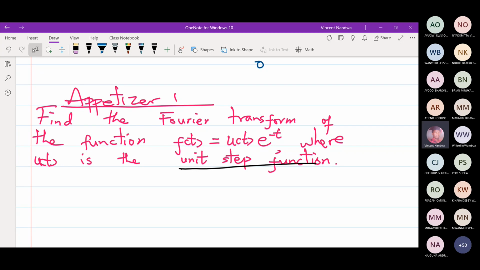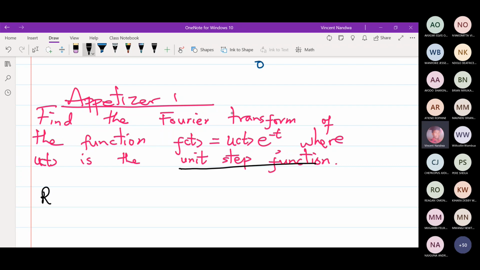If you are serious enough, you know what a unit step function is, either from other engineering courses or from your study on Laplace transform.